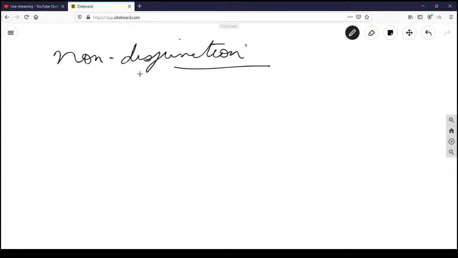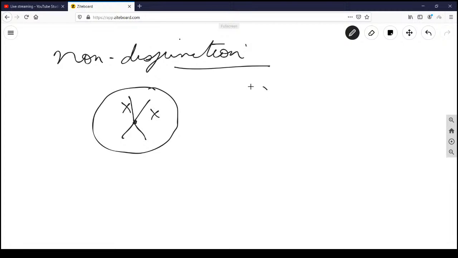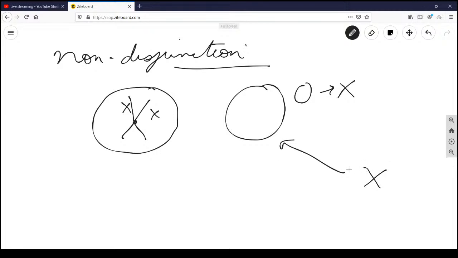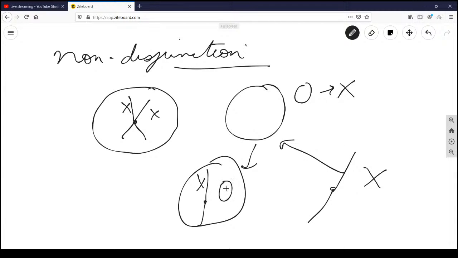In the meiosis, suppose in that female, one of the cells would be having both the X chromosomes, and one would be having no X chromosome, 0X. Then that ovum might have mated with a sperm containing an X chromosome. So the result is X, but here nothing, so X naught you can say.